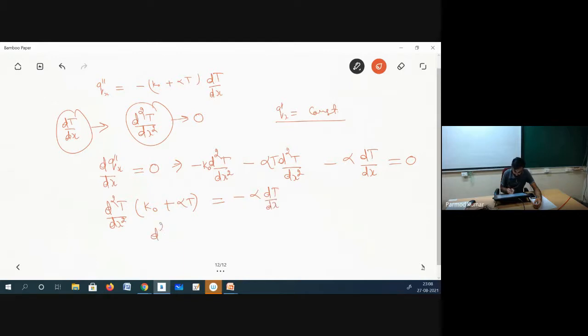So from here I will be getting d square T by dx square equal to minus alpha by k naught plus alpha T, into... I think I have made a mistake while calculating this. Have I taken the differentiation correctly or wrongly?